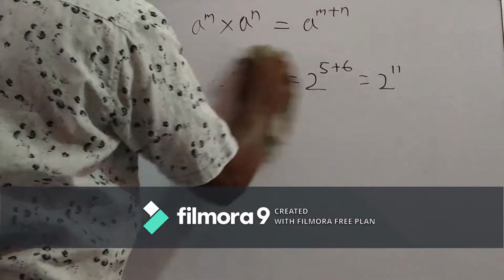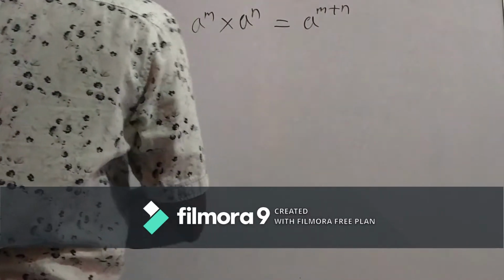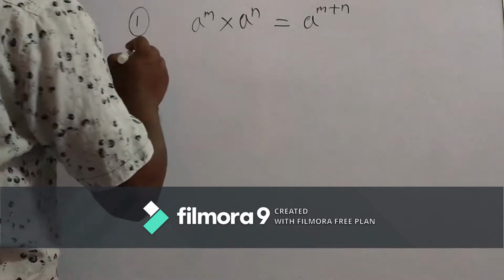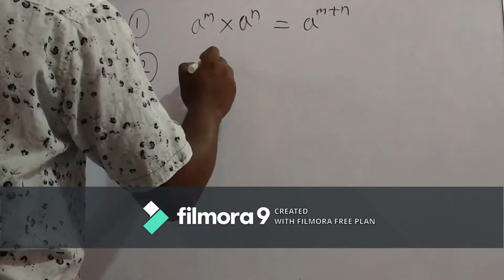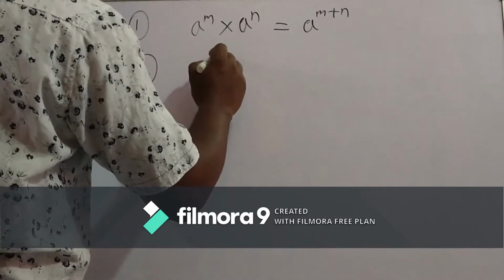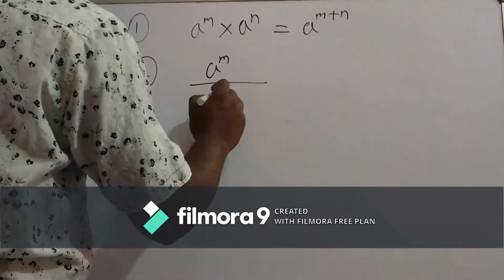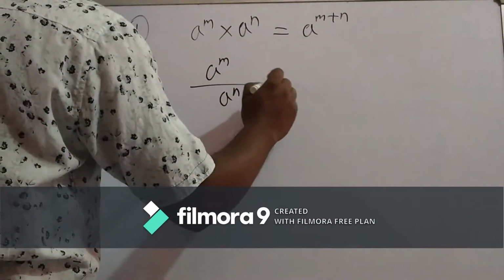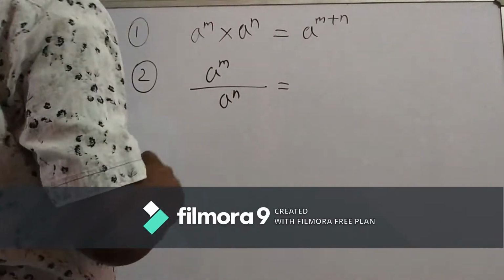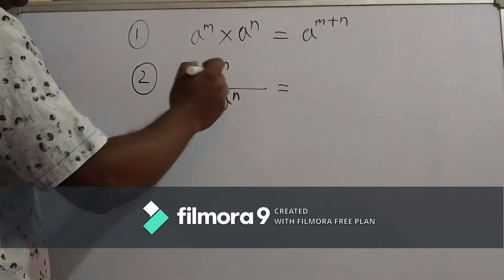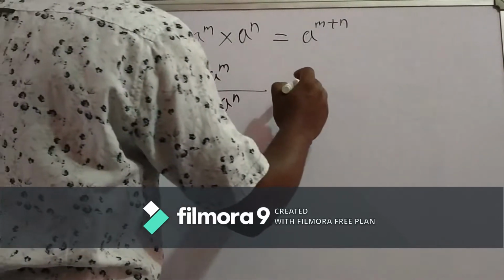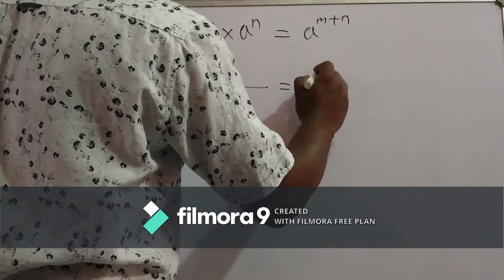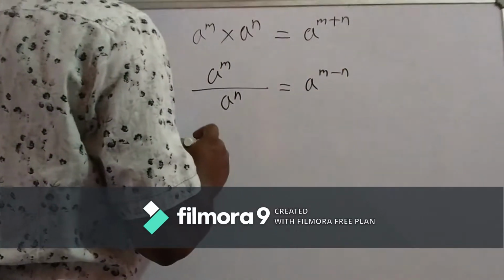Then come to the second formula. Suppose a to the power m divided by a to the power n. It was multiplication before, here it is division. If it is division, the power must be subtracted. So it will be a to the power m minus n.